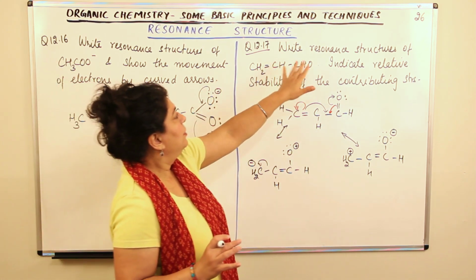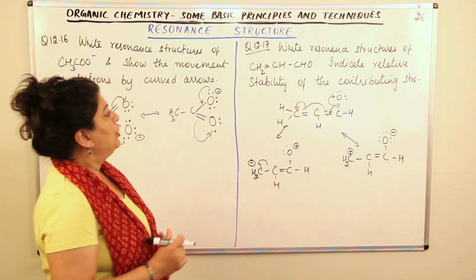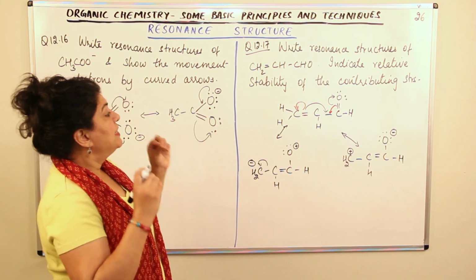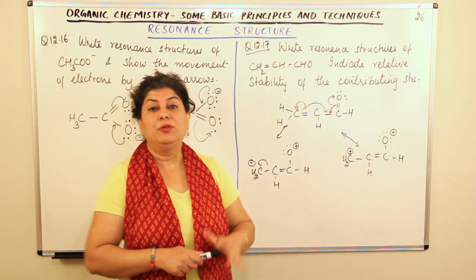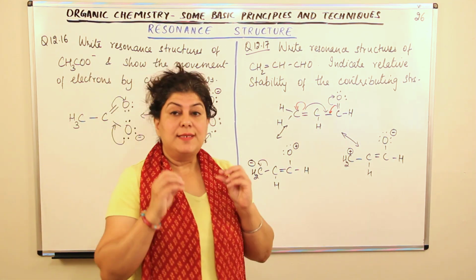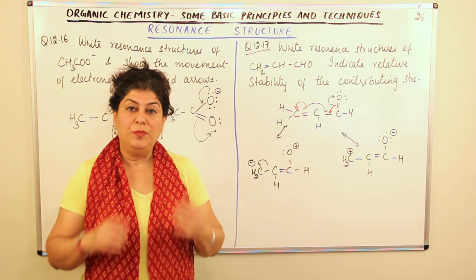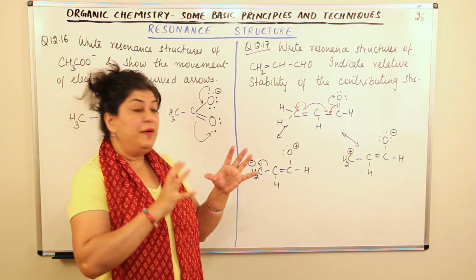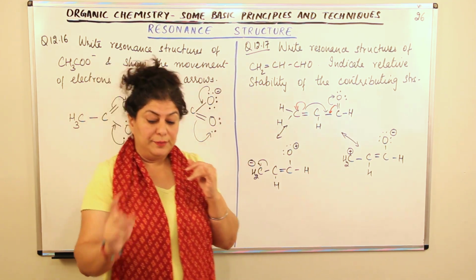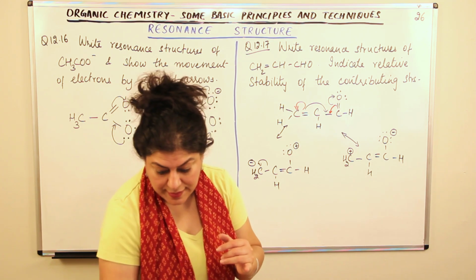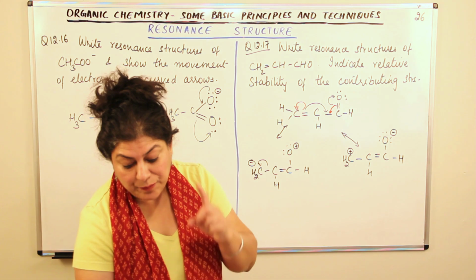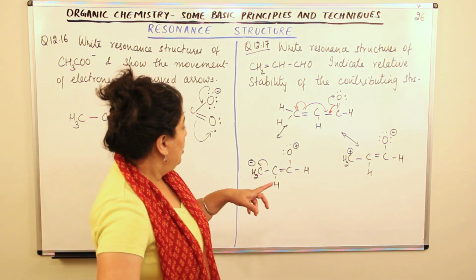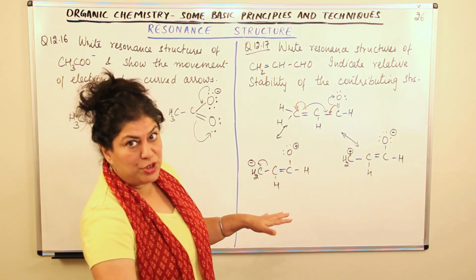So you wrote the resonance structures of this molecule, and you have to indicate the relative stability of the contributing structures. What did we study about the relative stability? That the stability of a structure is more where, first of all, what were the different points? That among the resonance structures, the one which has more number of covalent bonds and less separation of charges is more stable.